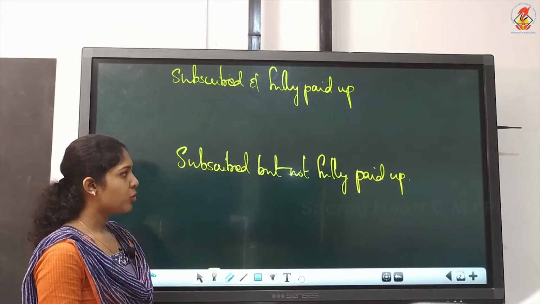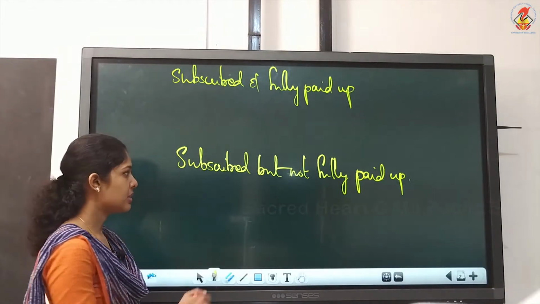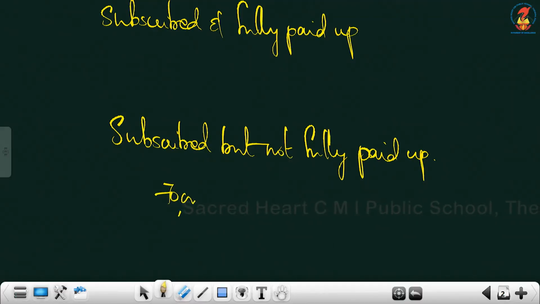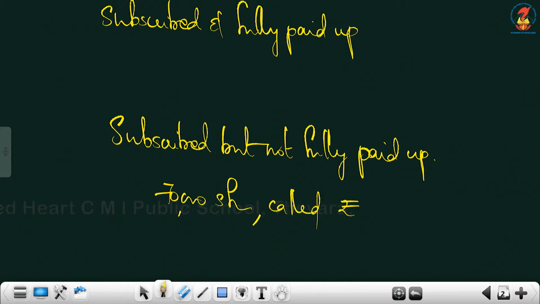I'll give an example for not fully paid up with the same question. They subscribed 70,000 shares. The company called only rupees, is it installment? Okay, the divisions of the 10 are not given. We'll take it like rupees 8 called up.